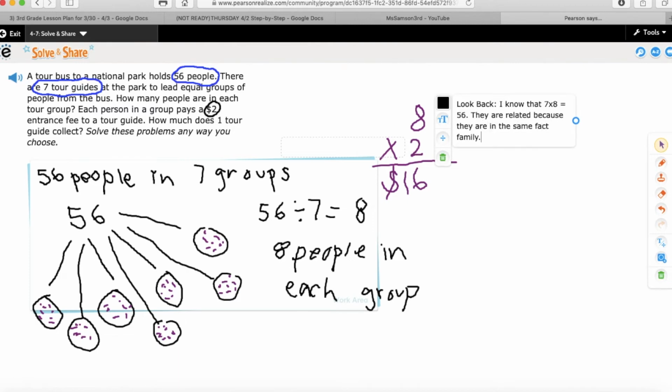So any way you write, for example, 8 times 7 equals 56, and then if you want to write it as a division problem, you could write 56 divided by 7 equals 8, or 56 divided by 8 will give you 7. Since all those 3 numbers are in the same fact family, you know that they are related. So that is your look back, and that was your solve and share.